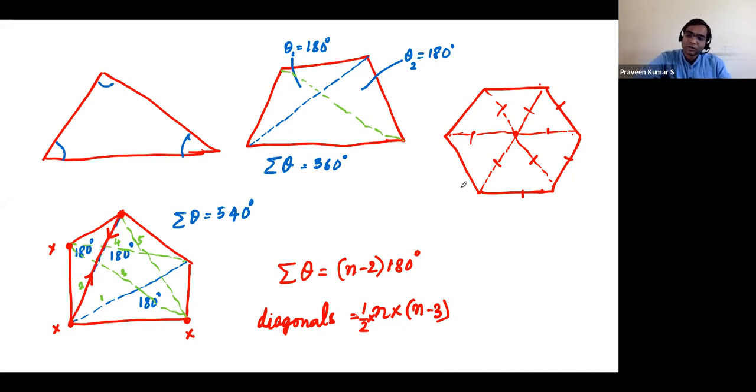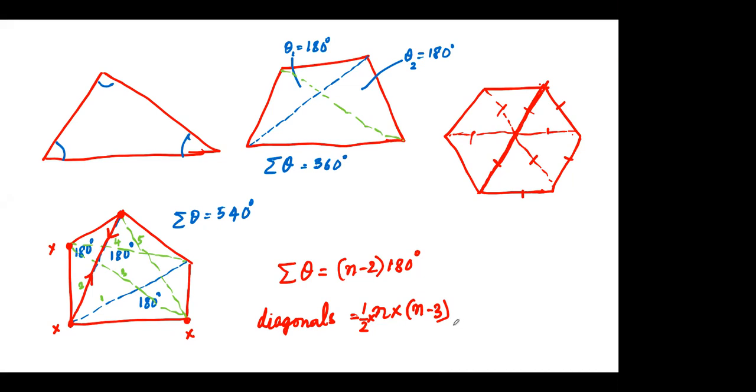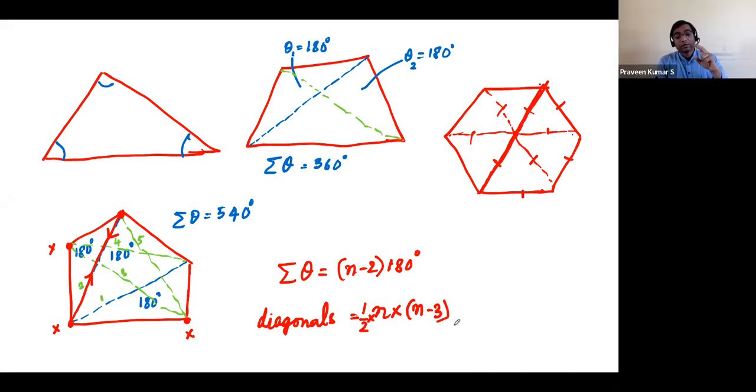Now, what is the length of this diagonal? What will be the length of this diagonal? Can you see? Is it equal to the side of the hexagon? It is equal to twice the side of the hexagon.